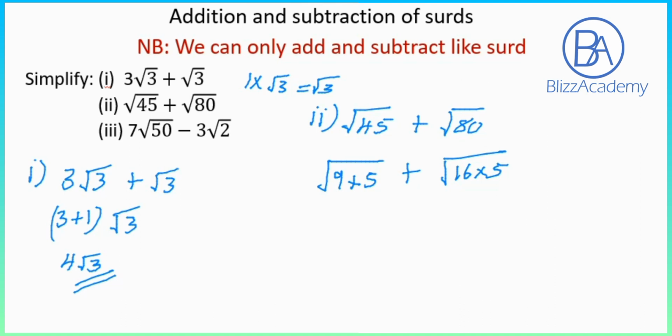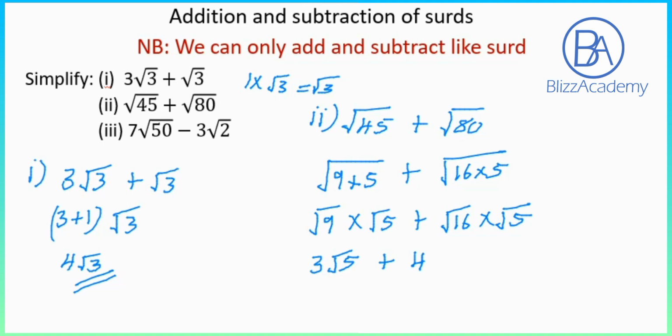This is the same thing as saying the square root of 9 times the square root of 5 plus the square root of 16 times the square root of 5. Now, we know that the square root of 9 is 3, so this will give us 3 root 5, plus the square root of 16 is 4, and that will be 4 root 5.